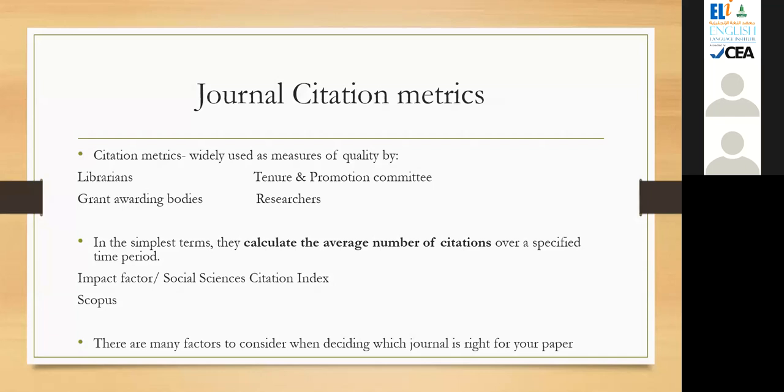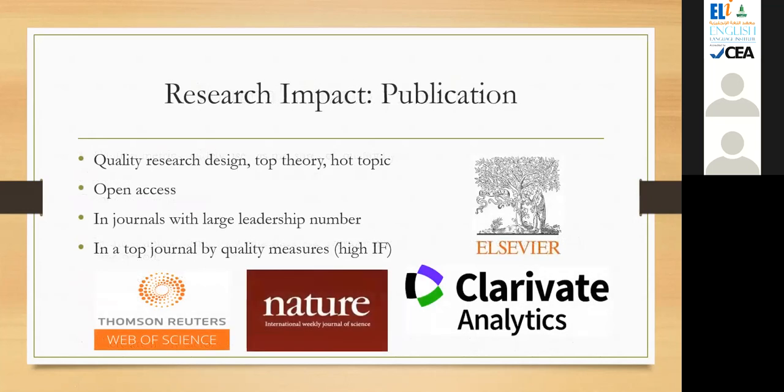There are many factors to consider when deciding which journal is right for your paper. If you have some guidance, you can find the right journal for your paper. The research impact of a publication comes from quality research design, top theory, a hot topic.